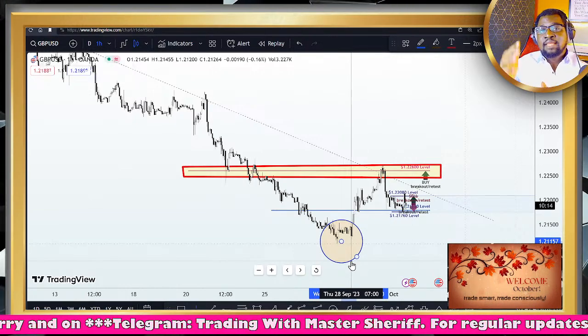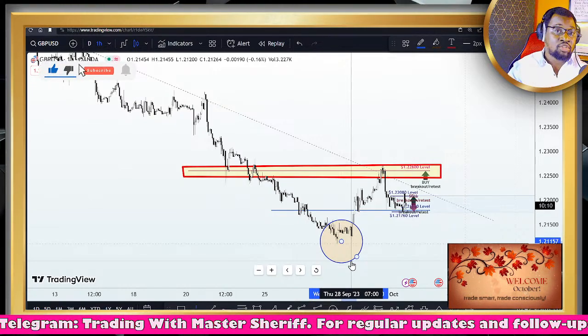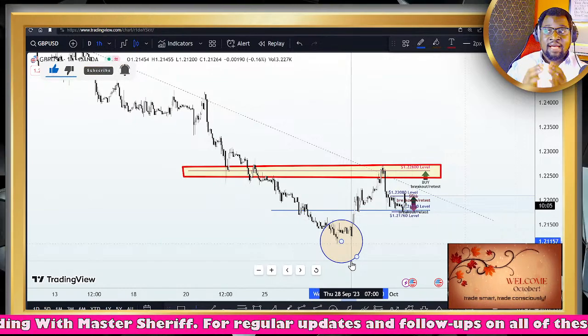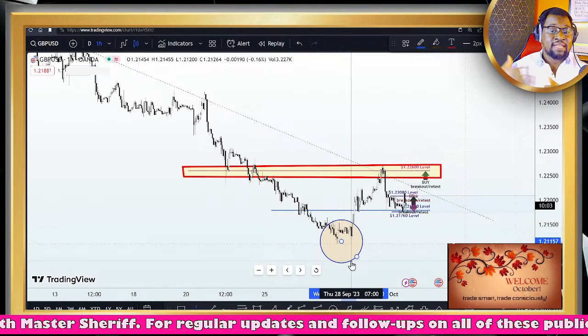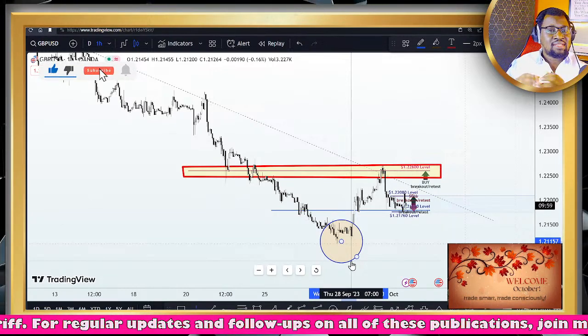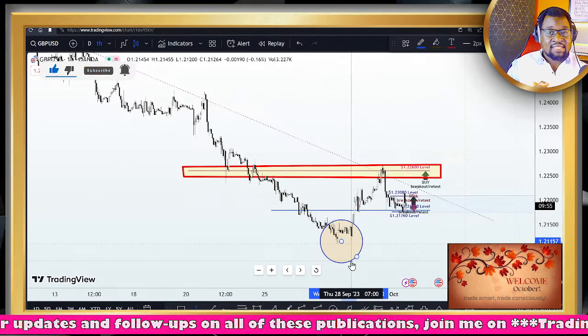So now, despite the lower highs we have noticed in this market, the inability of price action to find a lower low is a cause for concern. As you all know, whenever price action begins to find higher lows in the market structure, it is a sign that buyers are gradually gaining momentum behind the scenes.